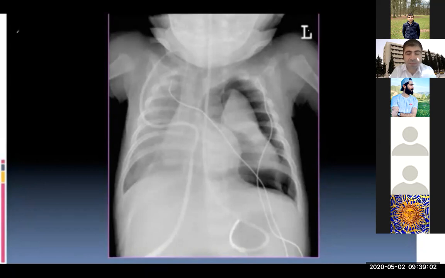Okay, A for airway. So this is a frontal chest X-ray, or frontal radiograph, of a neonate, showing the airway midline.